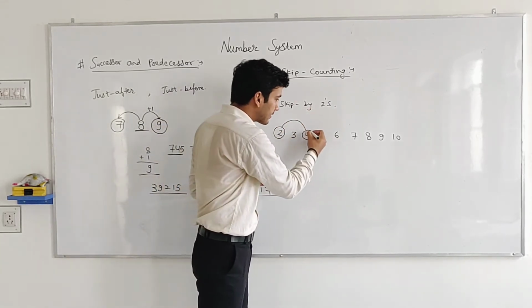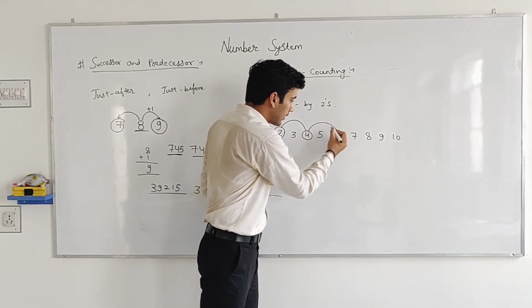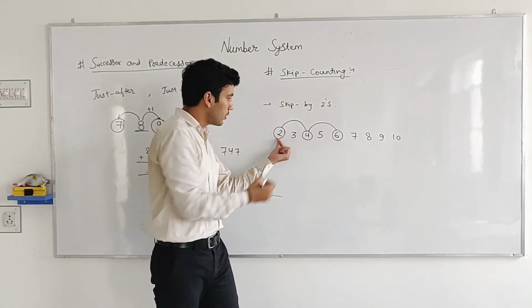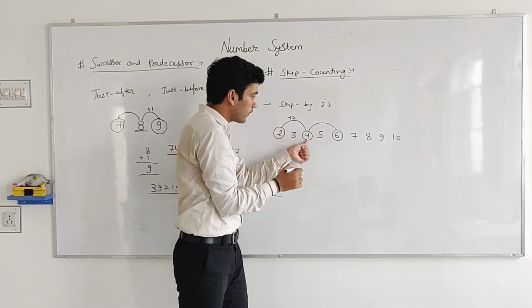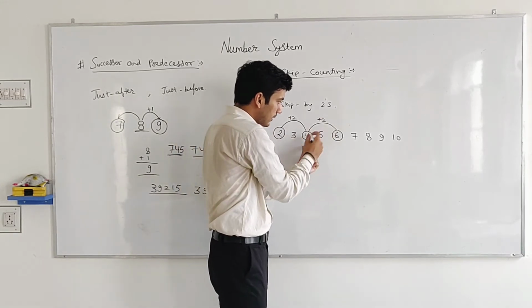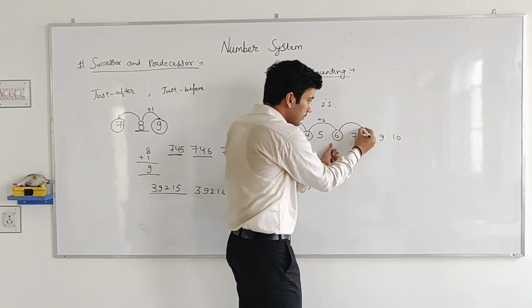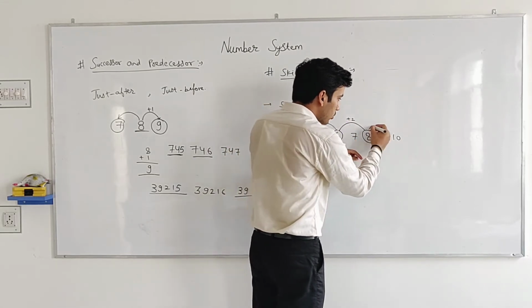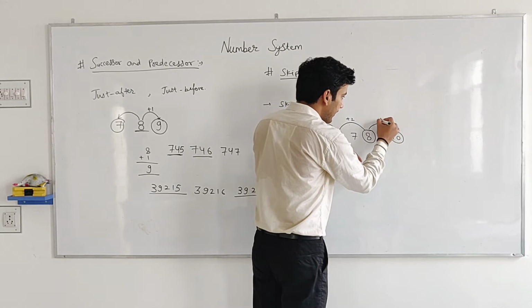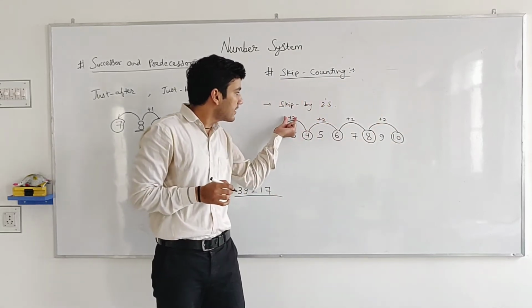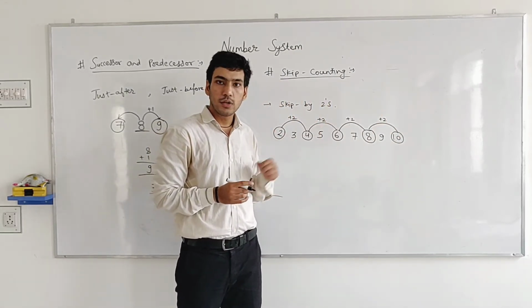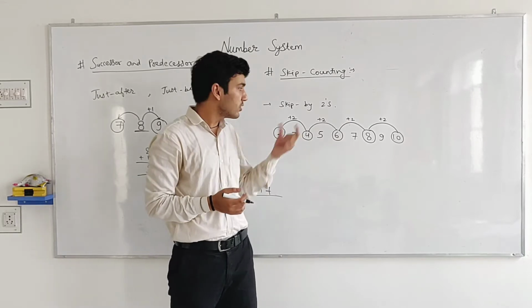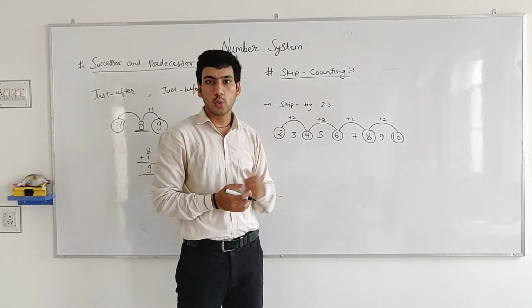After this, the next term is 6. You are skipping 2 each time. 2 plus 2 is 4. 4 plus 2 is 6. Next term, 6 plus 2 is 8. And 8 plus 2 is 10. So there is a fixed gap between two numbers. Okay, so this is the skip counting by twos.